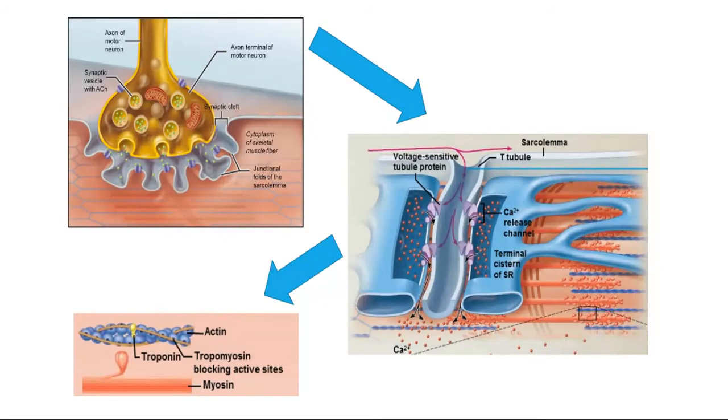Let's take a step back. When we talk about the process of muscle contraction, what we just talked about is what you see represented here at the bottom of my picture. We just talked about the cross bridge cycle, the process where myosin attaches to actin, and we actually do the process of muscle contraction.